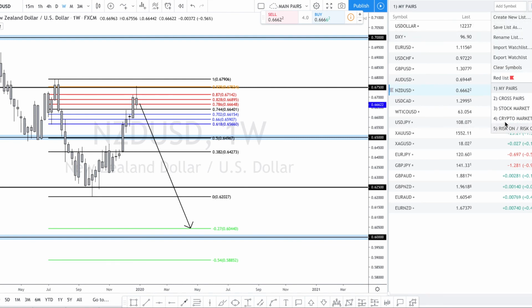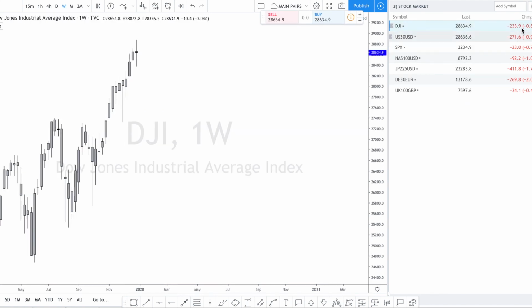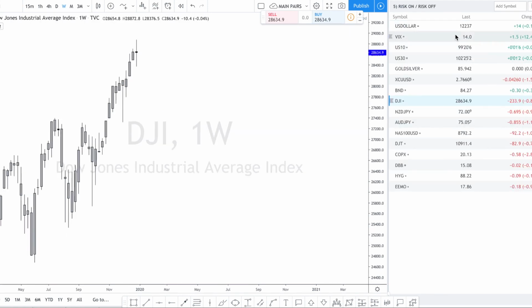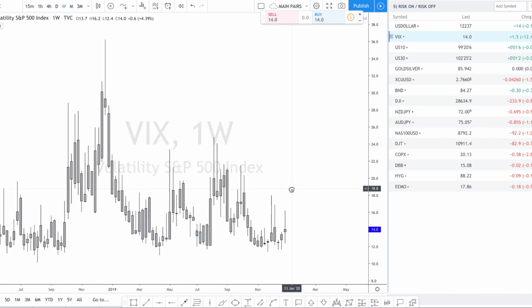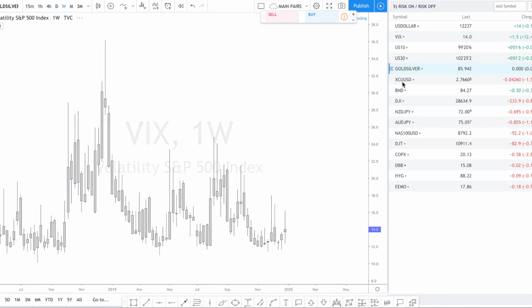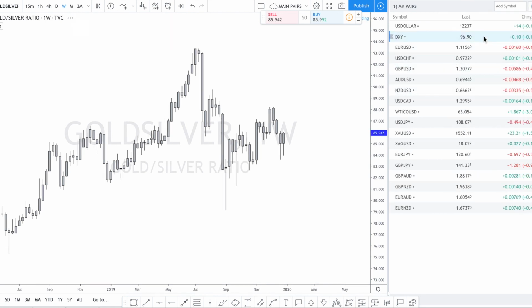We're going away from risk. Then we look at the stock market, which should be continuing to fall. The VIX should be continuing to rise. The gold and silver should be continuing to rise. So you can have a knock-on effect and look across a number of instruments to gauge a better picture or just get more clarity.